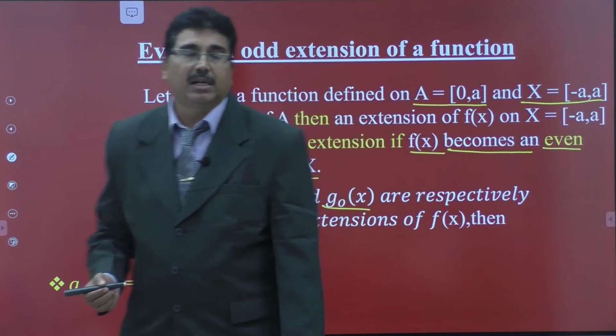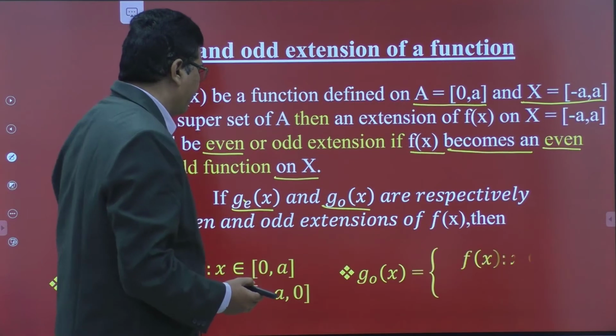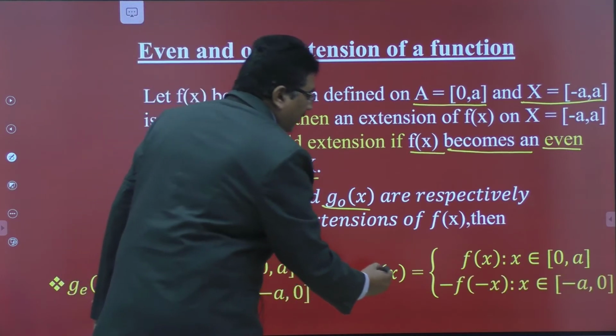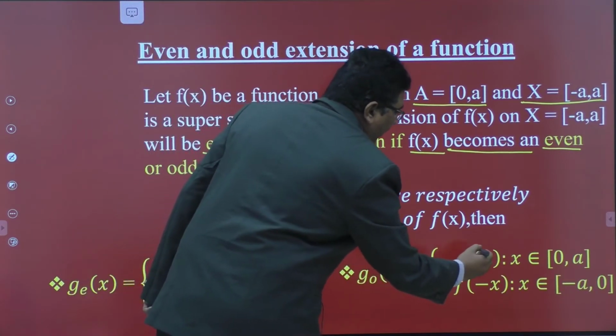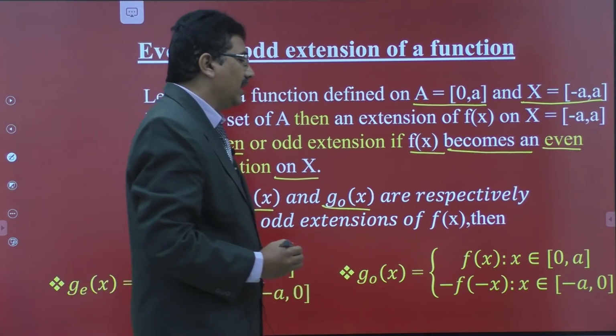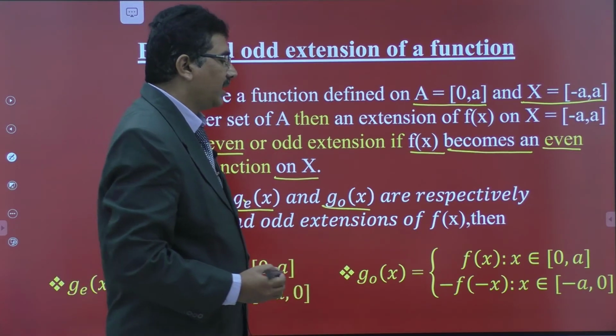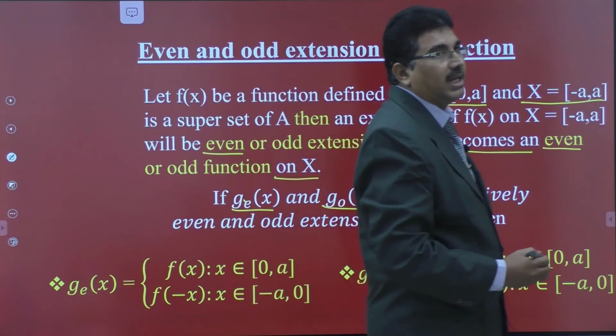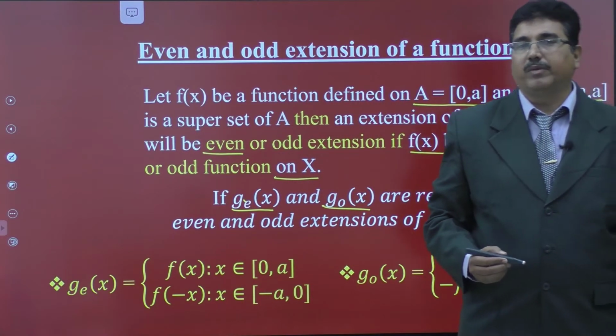Now see the odd extension. The odd extension of f is equal to f of x when x belongs to the closed interval 0 comma a. In the odd extension, f becomes an odd function.